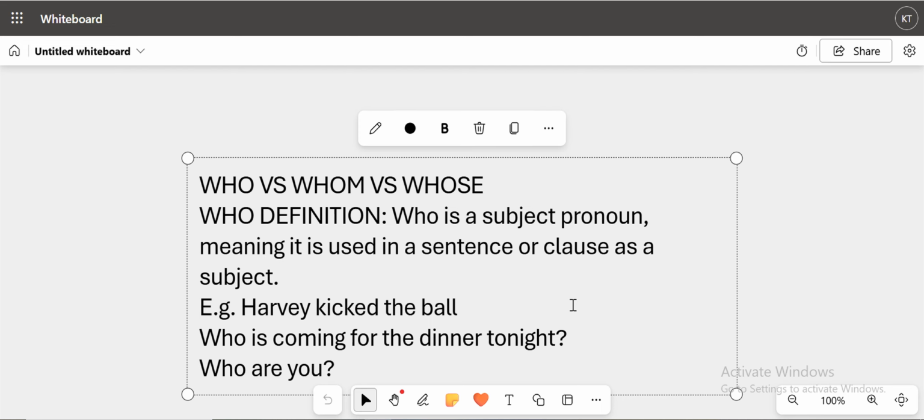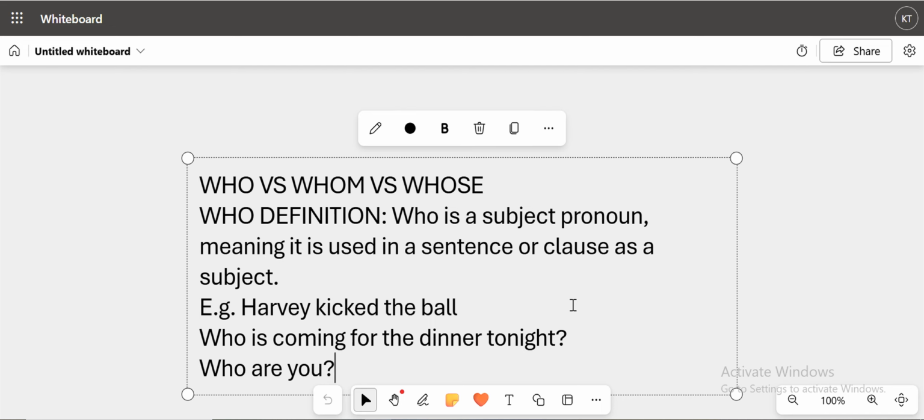I am coming for the dinner tonight. He is coming for the dinner tonight. So we can see that the pronouns used to answer these questions are used in the subject position. I am coming for the dinner tonight. He is coming for the dinner tonight. She is coming for the dinner tonight.